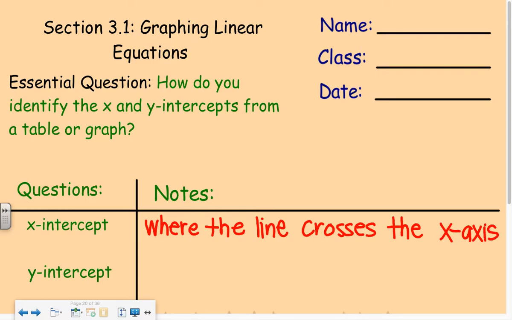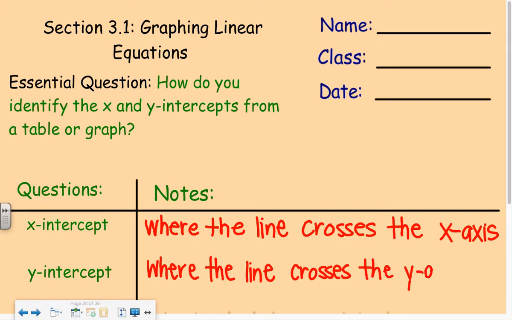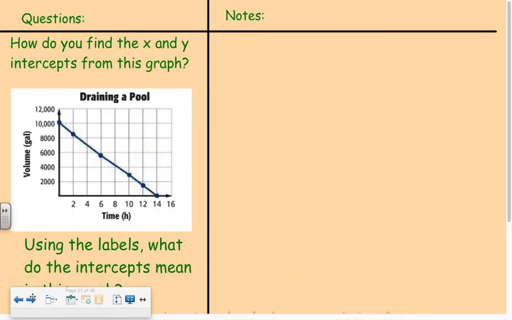So then that would mean that the y-intercept is where the line crosses the y-axis. How do you find the x and y intercepts from this graph?